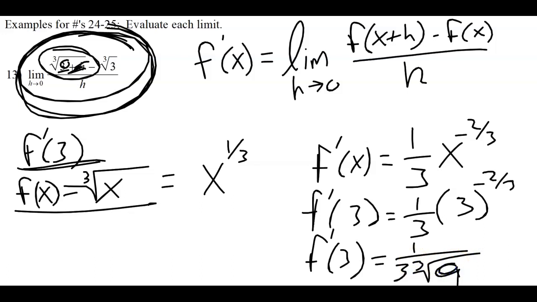And there we go. So what did I do here? First of all, I took this piece and I put it in the denominator because that is a negative. Second of all, I squared the 3 to get 9, and the 3 represents a cube root. So that would be the solution to that particular problem.